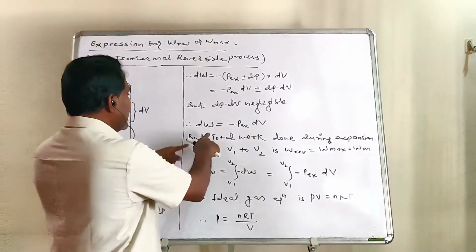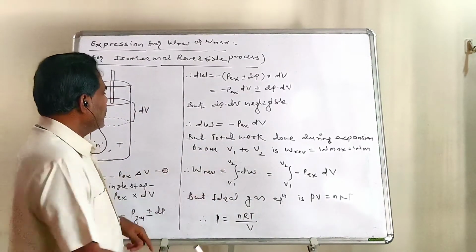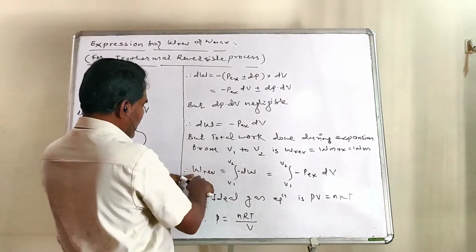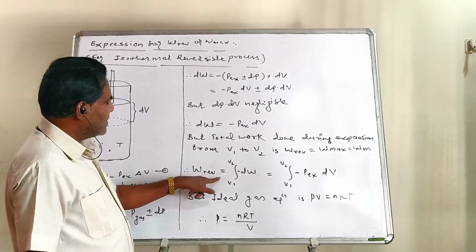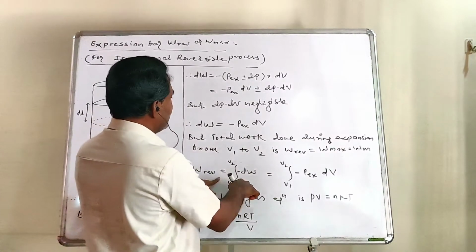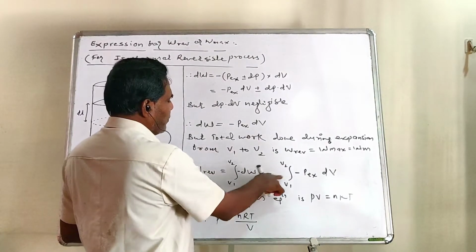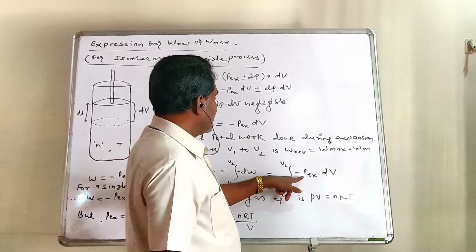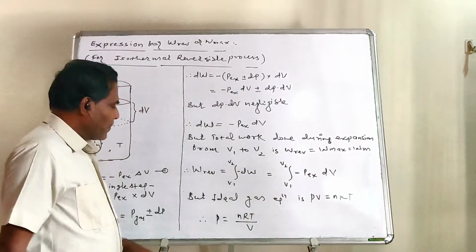That's why integrating this equation between the limits V1 to V2 we get total amount of work done, that is maximum work. So W reversible or W max is equal to integration of minus dW for the limits V1 to V2, and it is equal to integration of minus P external into dV.